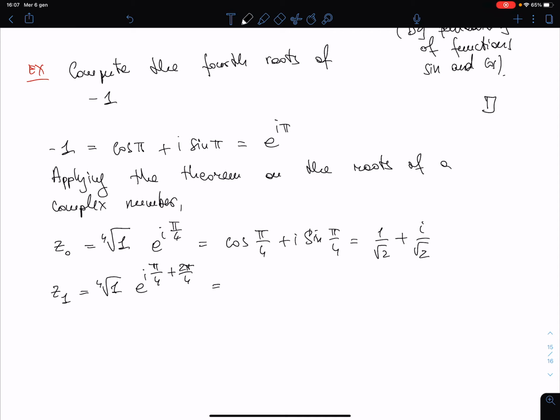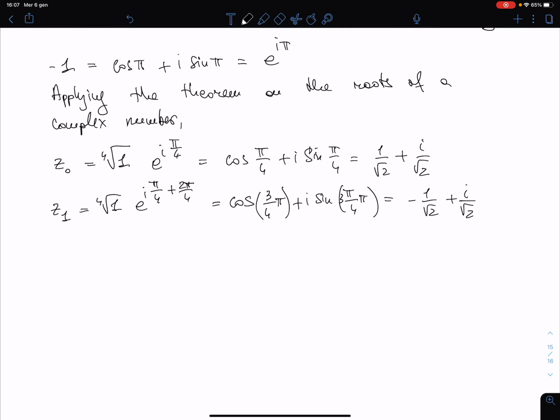So this is cosine 3 over 4 pi plus i sine 3 over 4 pi. And now the cosine is negative, so it is minus 1 over square root of 2 plus i over square root of 2.